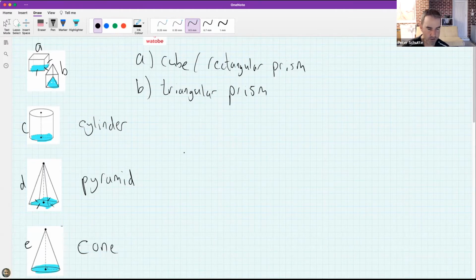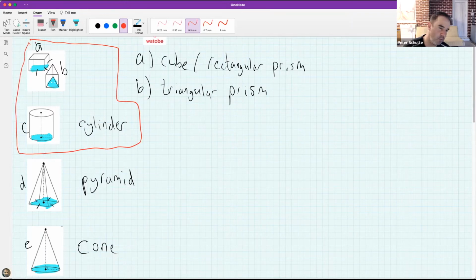Now, for today, what you're going to need to bear in mind, we're going to focus basically on these top 3 shapes. And what you need to know about is how to find the volume of A, B, and C, and also how to find the surface area. And so whenever you are trying to find the volume, you're just going to say, what's the area of the base? And then times its depth, or sometimes what we call the height.